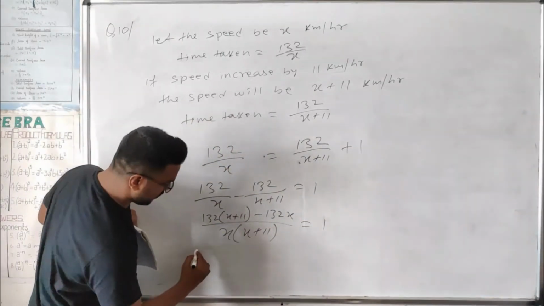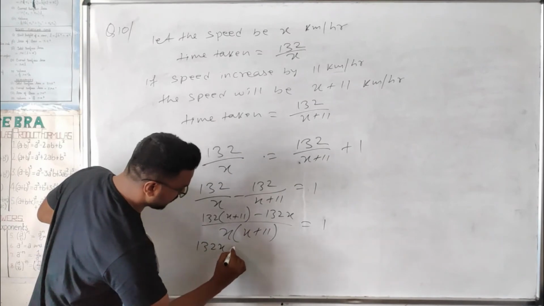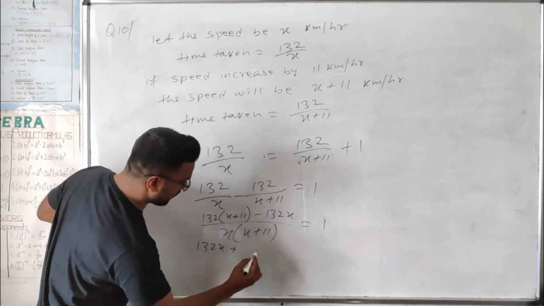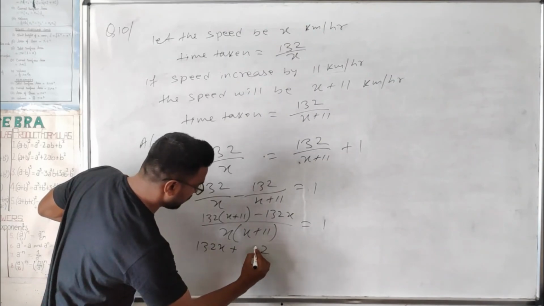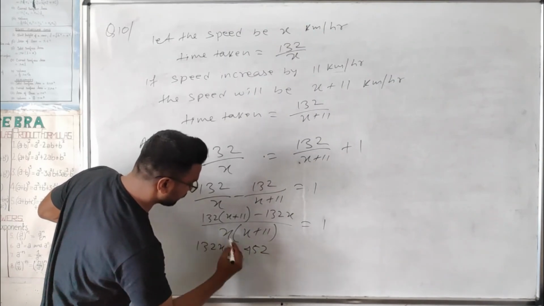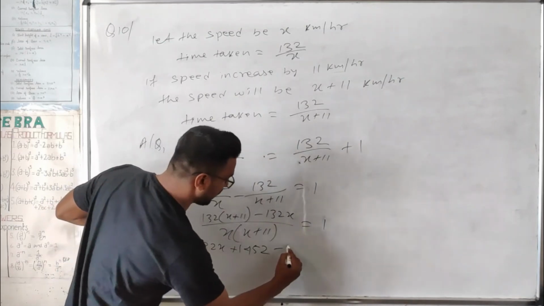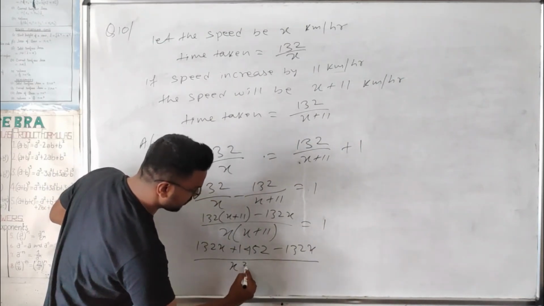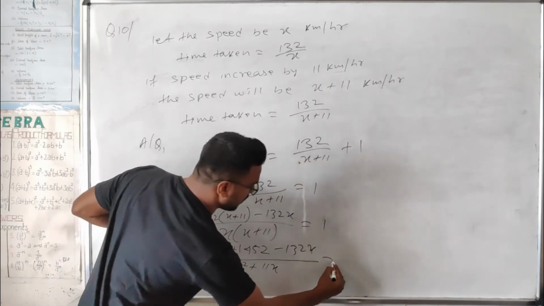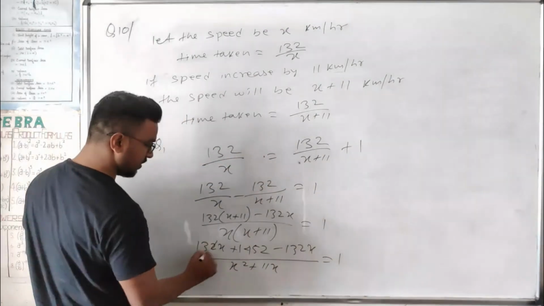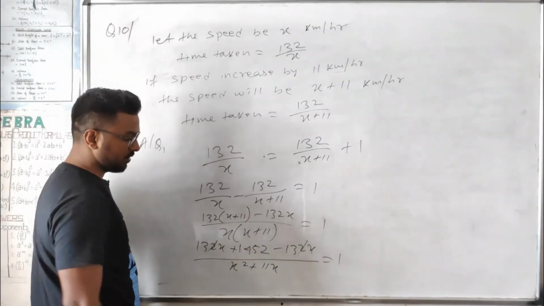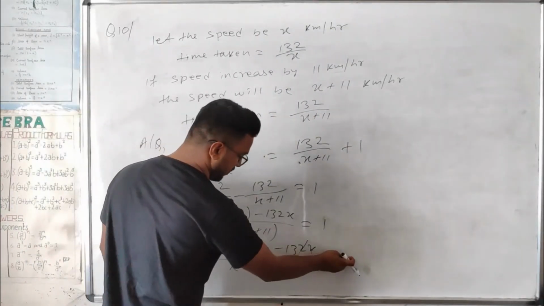So if you solve this one, it will be 132x plus, if you multiply 132 with 11, it will become 1452, minus 132x, divided by x square plus 11x equals 1. Okay, this and this will get cancelled, 132x.